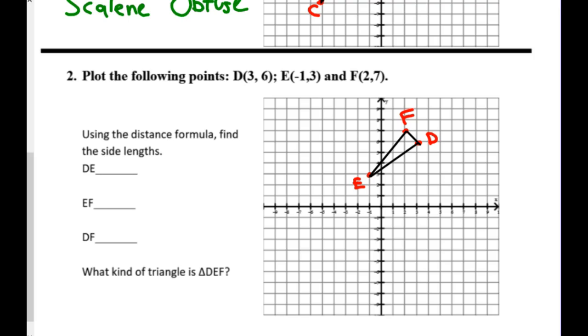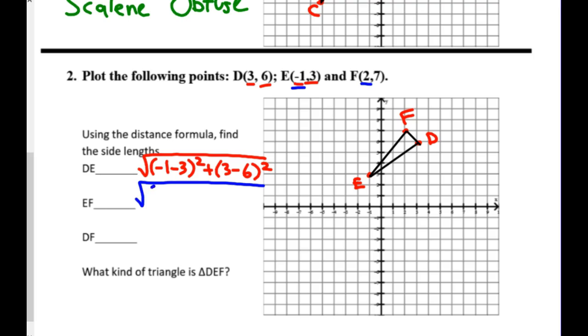So for DE, long square root sign, x2 minus x1 is -1 minus 3 squared plus y2 minus y1, 3 minus 6 squared. Let's do EF. x2 minus x1 is 2 minus -1 squared plus y2 minus y1, 7 minus 3 squared.